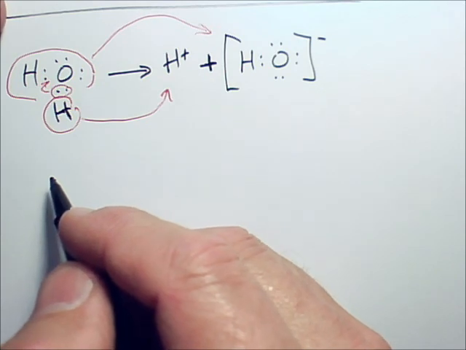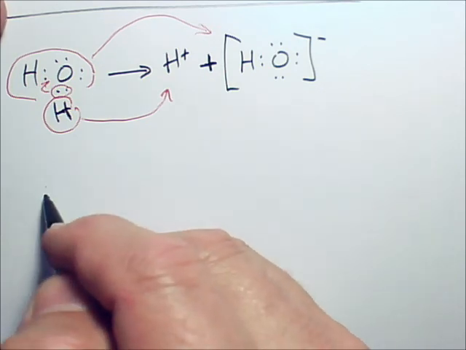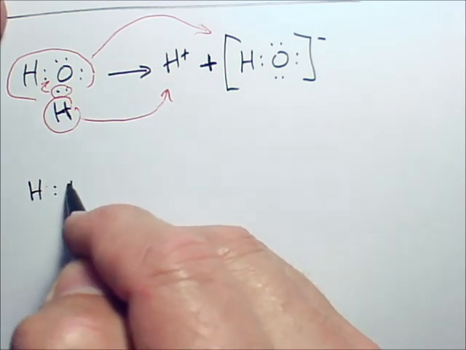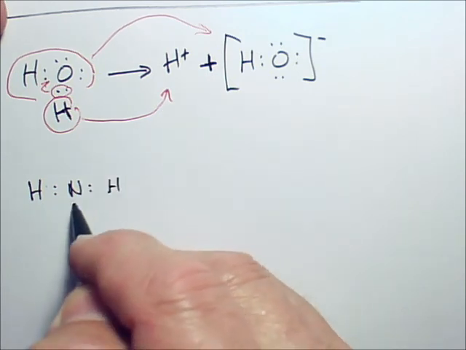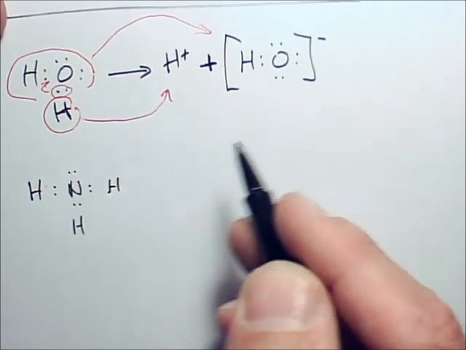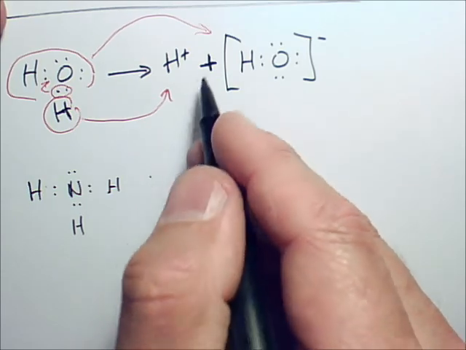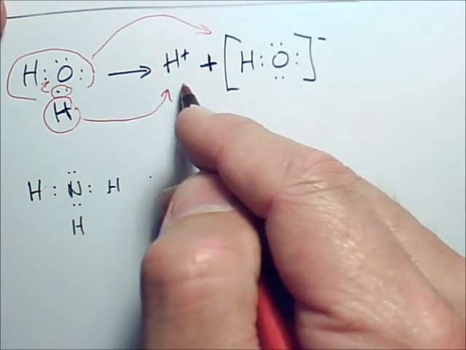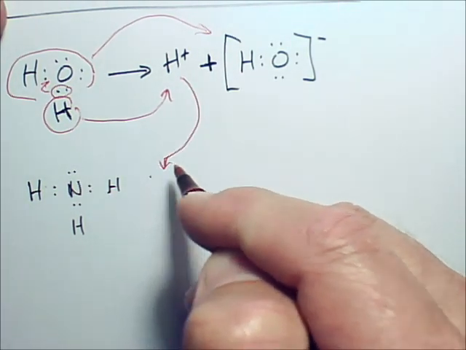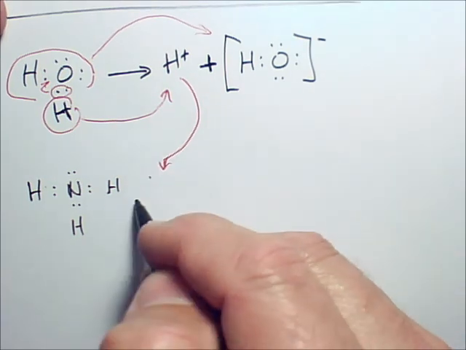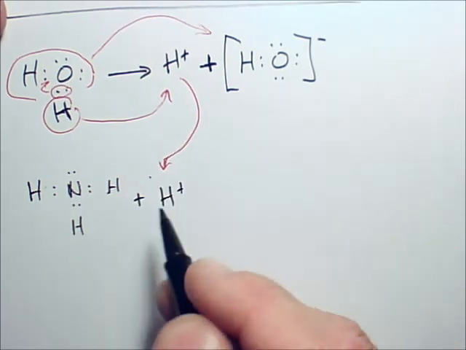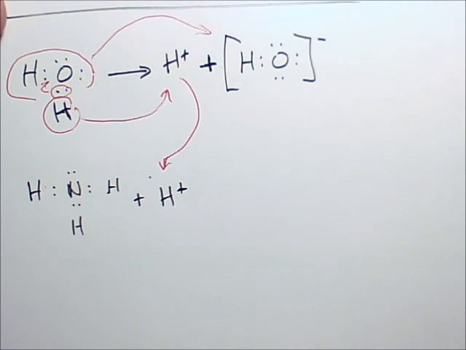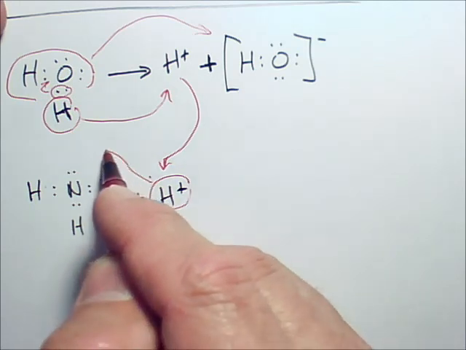And then you're asking about the formation of ammonium. So ammonia has this Lewis dot formula, and this hydrogen ion is around when you dissolve it in water to form this. Okay? And so the hydrogen ion is actually going to join up right there.